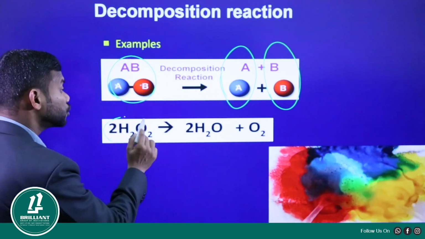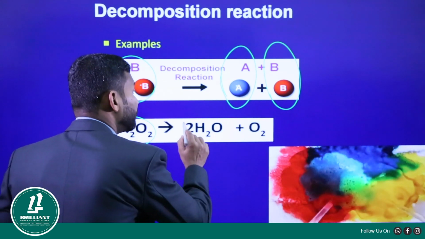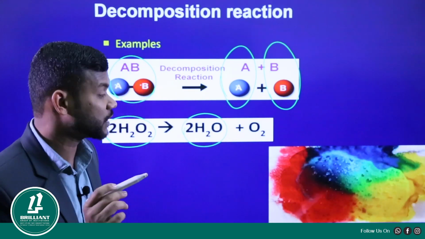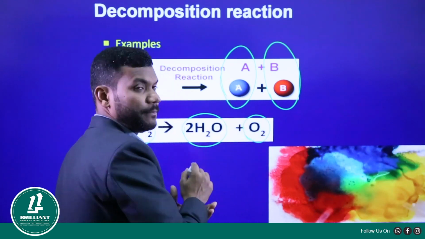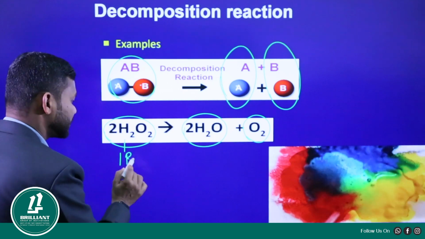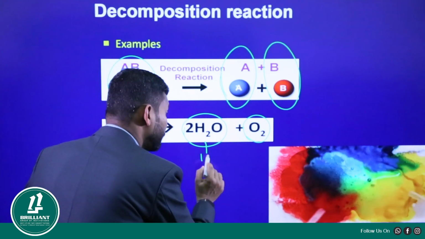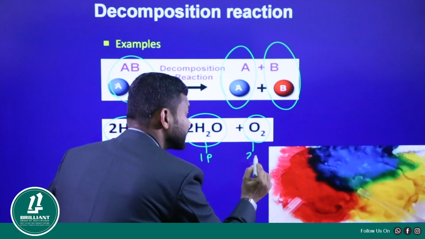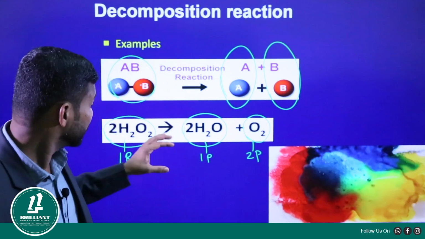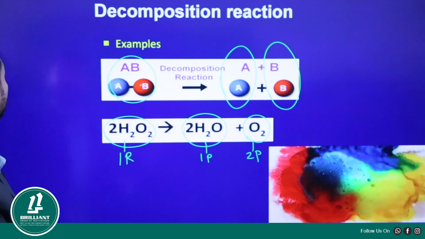Listen here. H2O2, hydrogen peroxide, breaks down into water and oxygen. This is our single reactant, this is our first product and this is our second product. This single reactant breaks down into two products. Let us see another example.